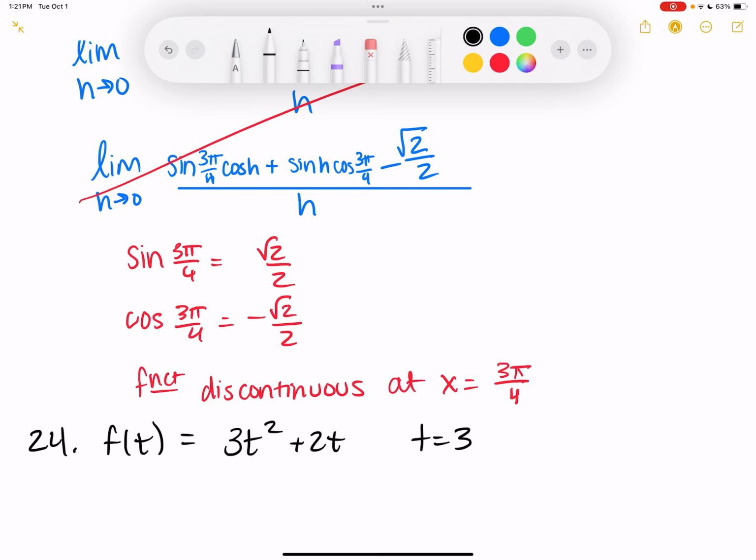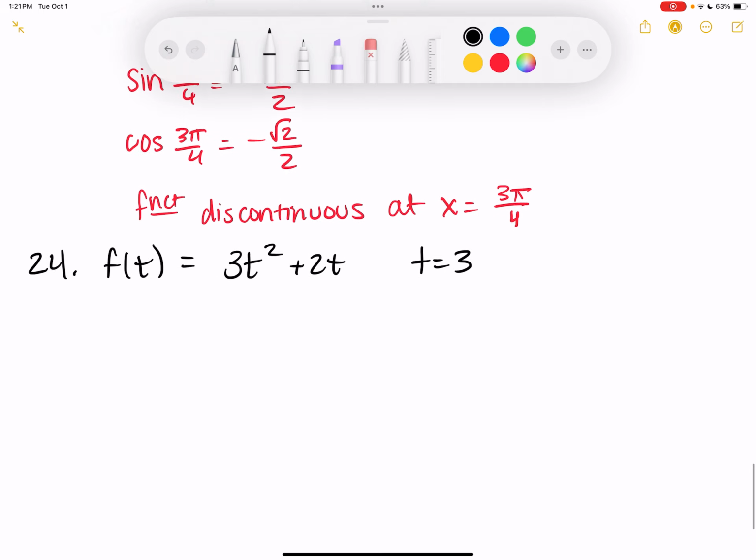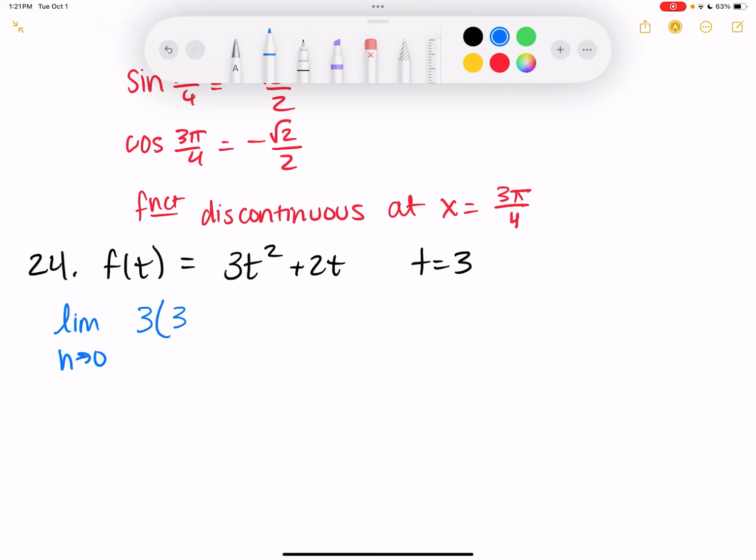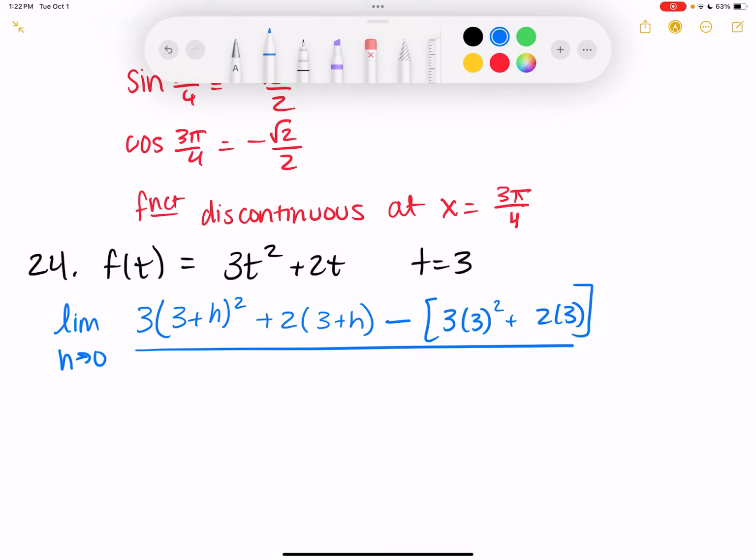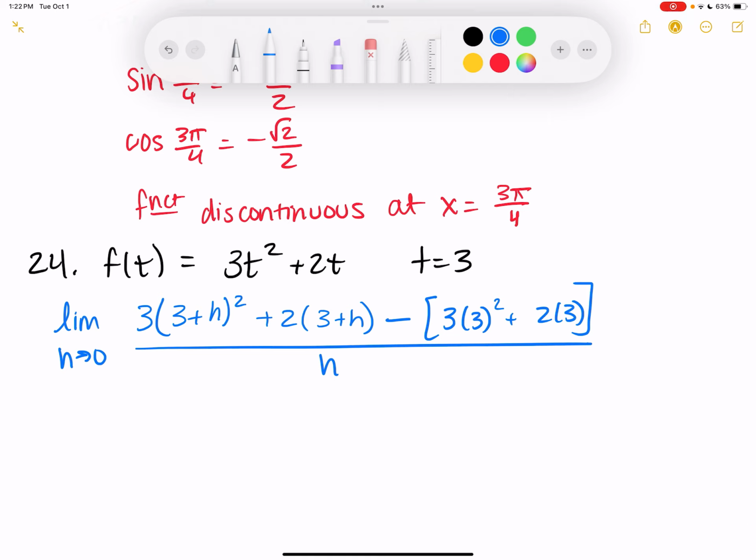So the limit as h approaches 0 of 3 times (3 plus h) squared, not t, plus 2 times (3 plus h), minus... I'm going to bracket this off since there are multiple pieces here: 3 times 3 squared plus 2 times 3, all over h.